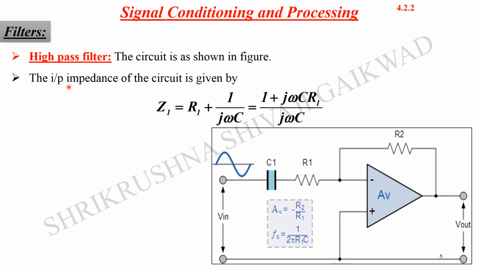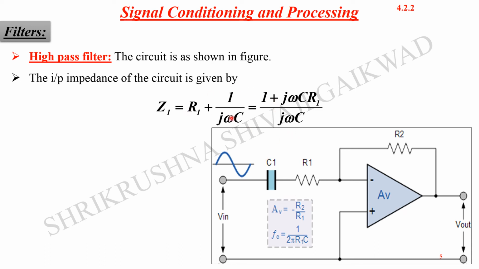Impedance is related to resistance in DC circuits. When we deal with AC circuits, the total resistance is replaced with the impedance. Reactance plus the resistance gives us the impedance of this circuit.